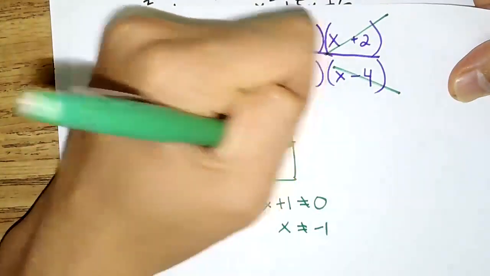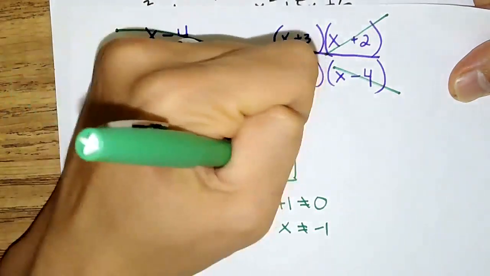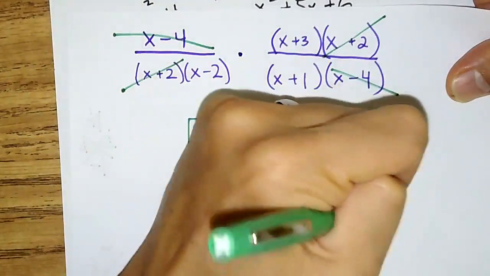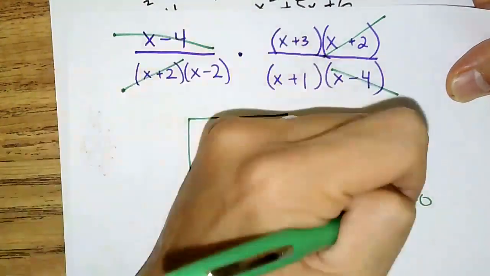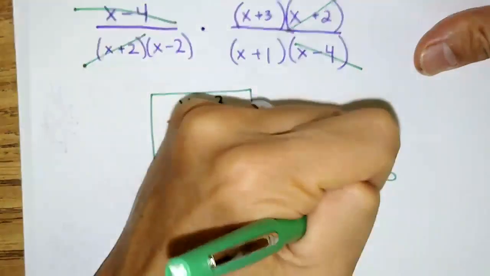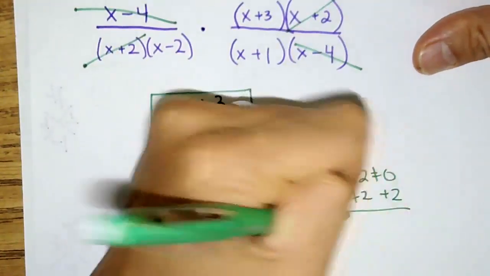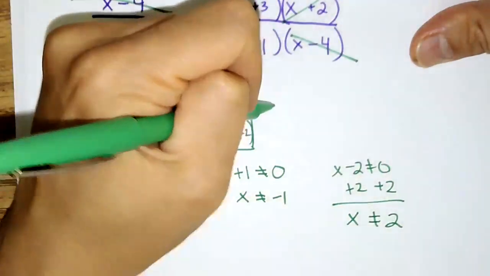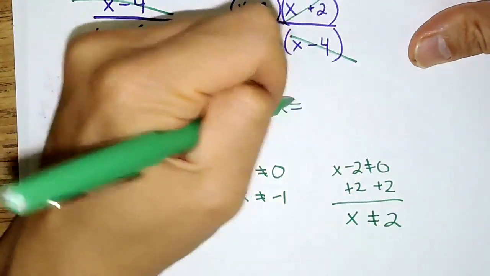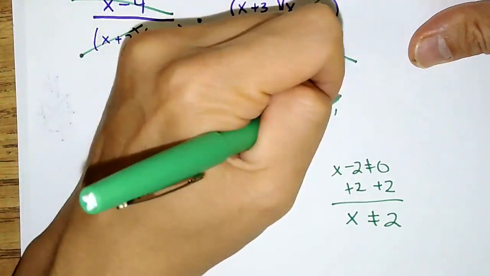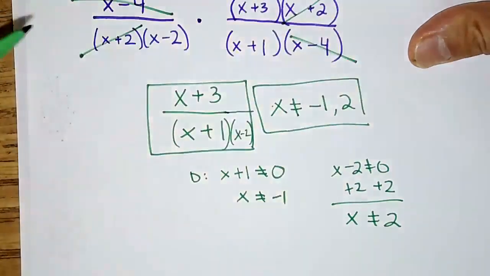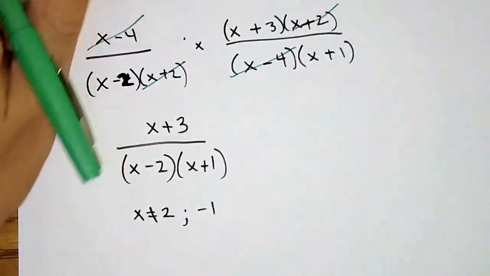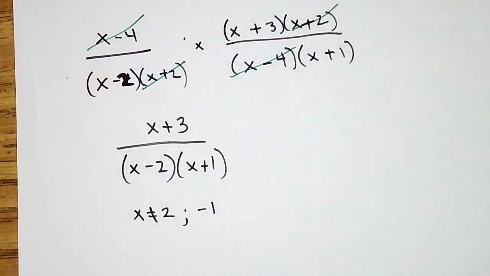So here, I gotta put an x minus 2. So x minus 2 cannot be 0 as well. So I add 2, so x cannot be +2. So it's all real numbers besides -1 and 2. Okay? And that's the case there. All right?